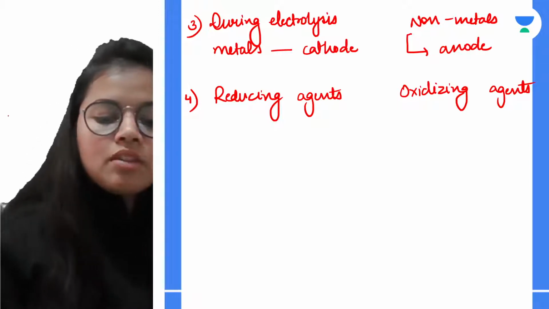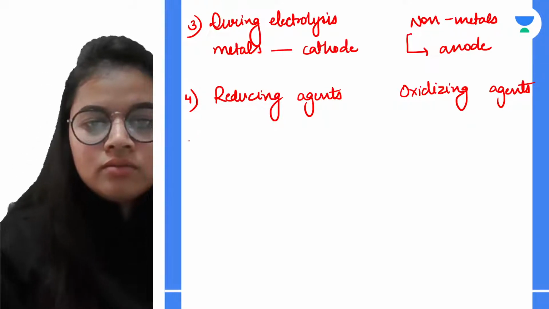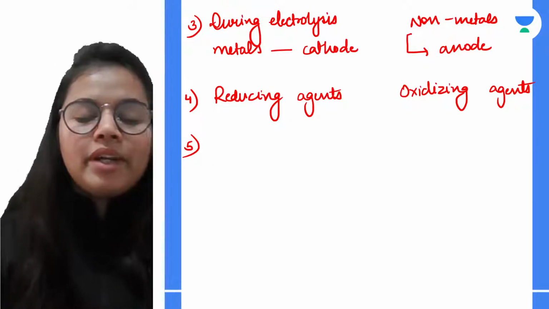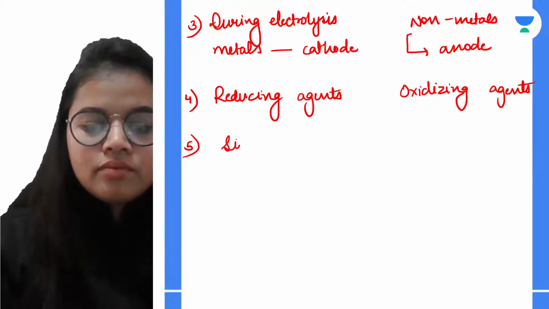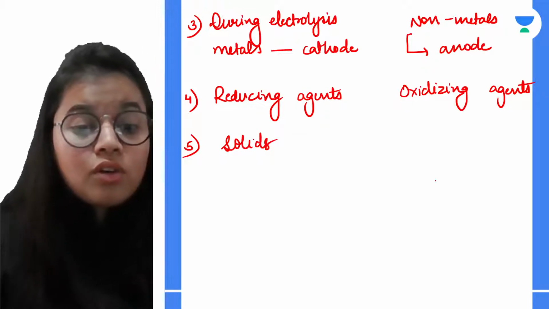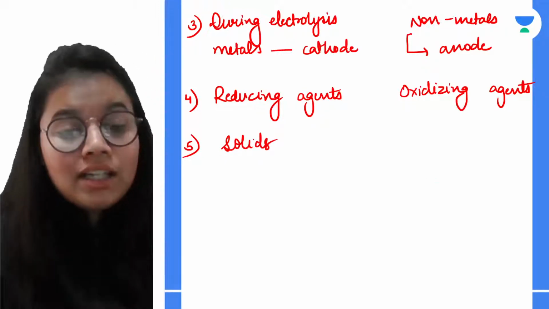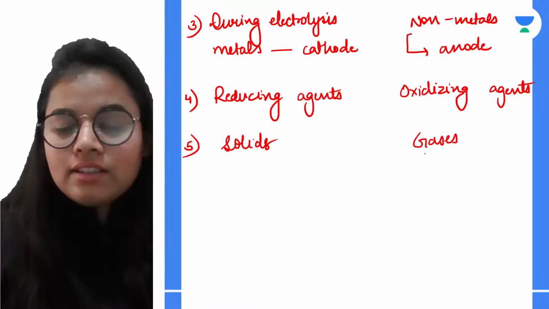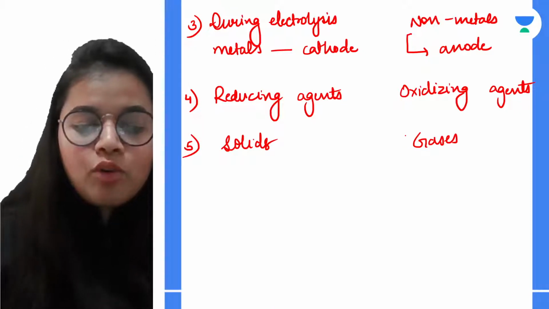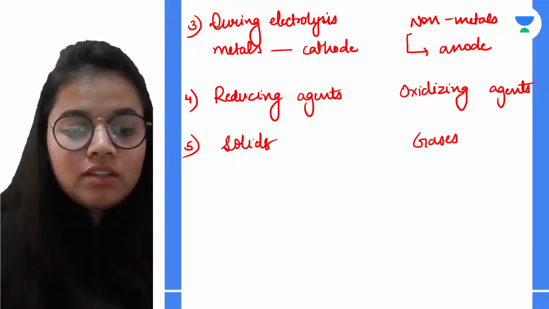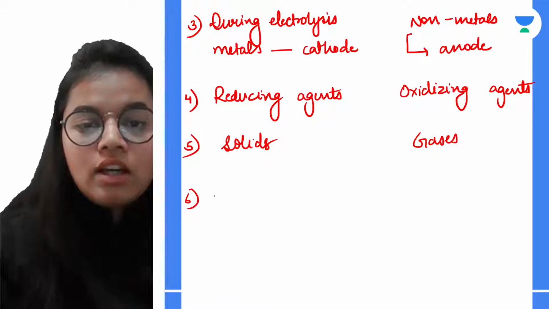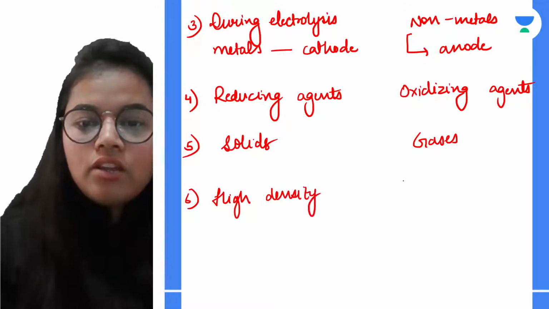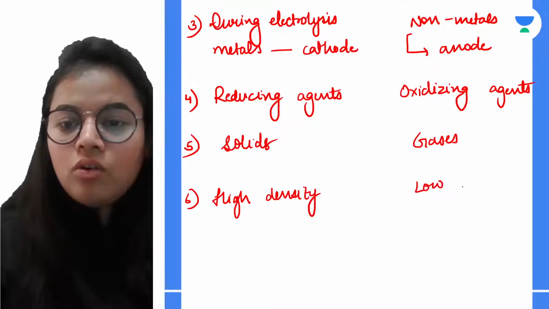Talking about physical properties, metals are generally solids, with exceptions such as mercury, which is liquid. Non-metals are generally gases, the exception being bromine, which is a liquid non-metal. Metals have high density and non-metals generally have low density.